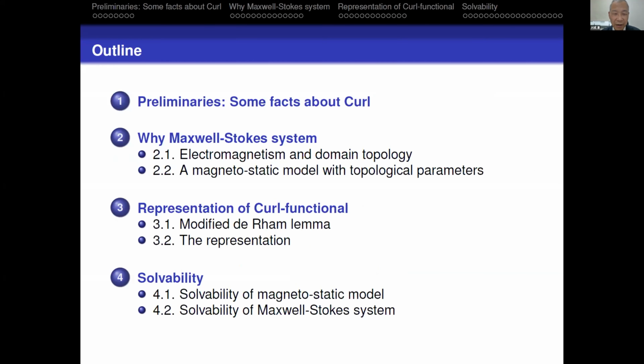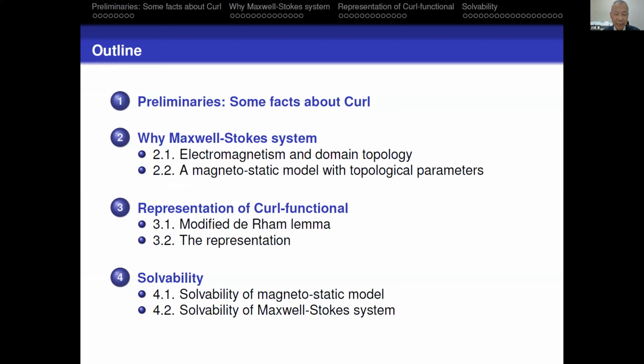My talk consists of 4 parts. In the first part, I would like to introduce some known facts about the curl of vector fields. In the second part, I will explain why we need the Maxwell-Stokes system. I will discuss a little bit about the relation between electromagnetism and domain topology, and then I will introduce a magnetostatic model with topological parameters.